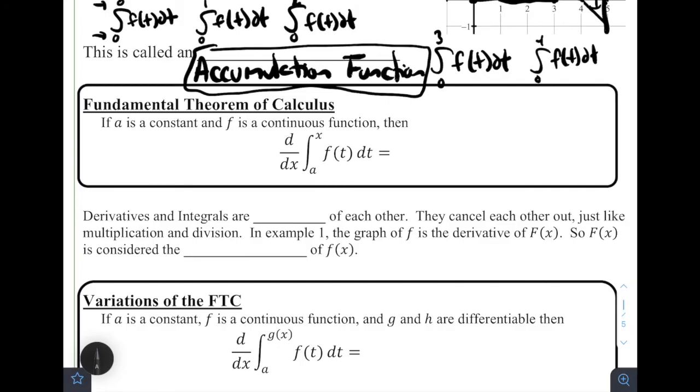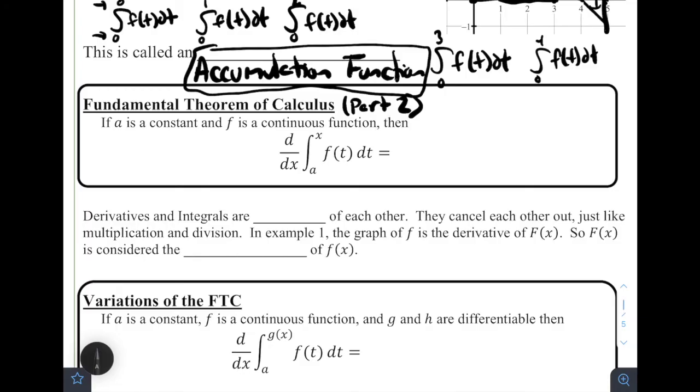This is generally referred to by me as the second one. But we're doing it in this order because of the way the AP Calculus, the new CED, is suggesting we go. It really doesn't matter which way you do it, but this is often referred to as the second part of the fundamental theorem of calculus, and we'll find out what the first part is later in this chapter.